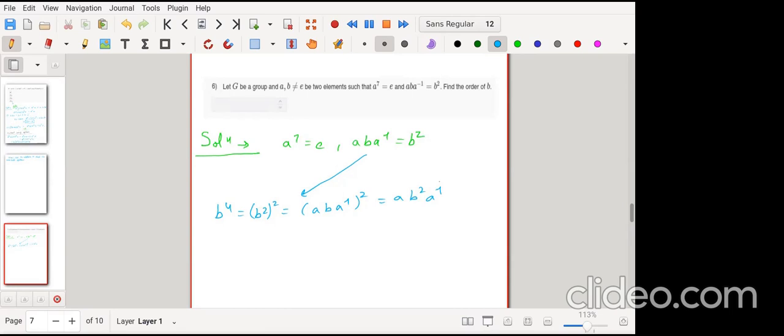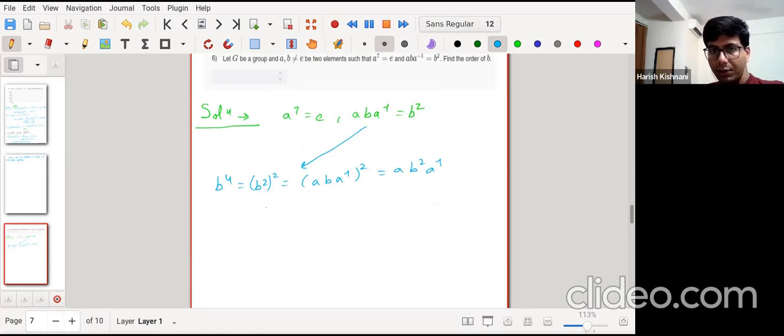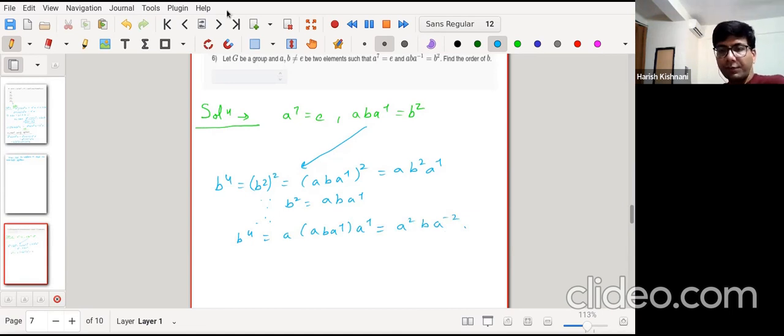Now put the value of b square again, since your b square is a b a inverse. Therefore b^4 is a a b a inverse a inverse. So it is just a square b a minus 2. So you can see that somehow we have increased the power of a.